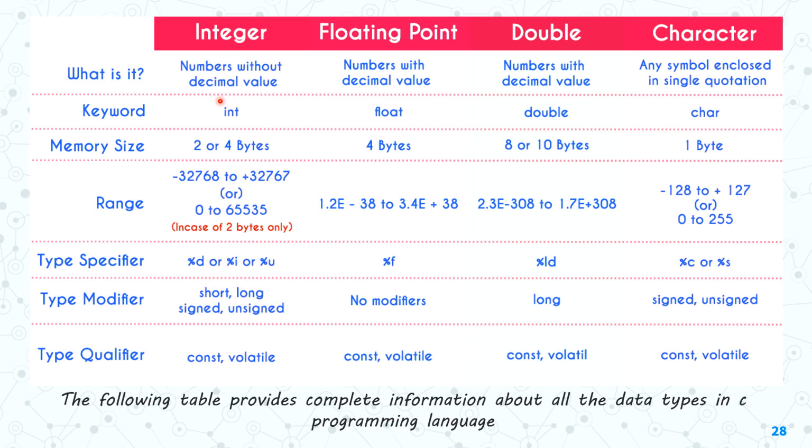For example, integer is used for whole numbers, numbers without decimal value. Float and double are used for decimal values with different levels of precision, and char is used for single characters. Notice how the required memory and range change depending on the data type.